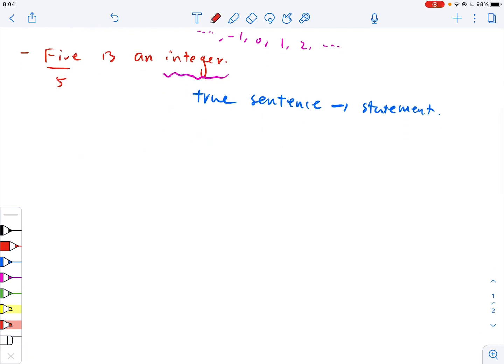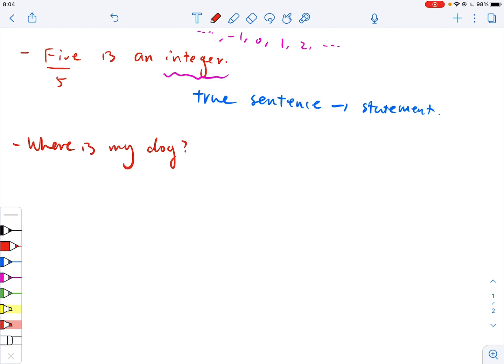Okay, let's see another example. Where is my dog? I don't know where a dog is, but that's not the point. Does it express any meaning?